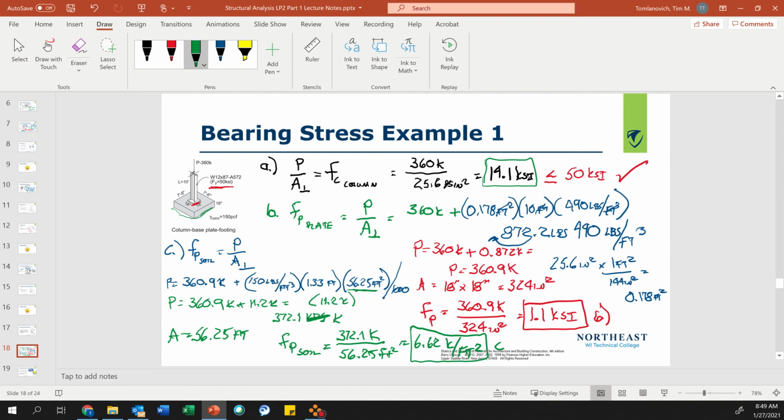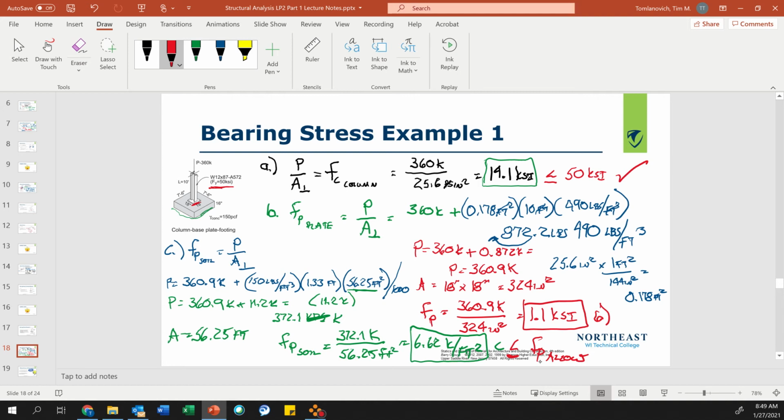So basically, that's how it works. Typically I give you this number, I give you the allowable. Again, we want to check: is this less than or equal to FP allow?